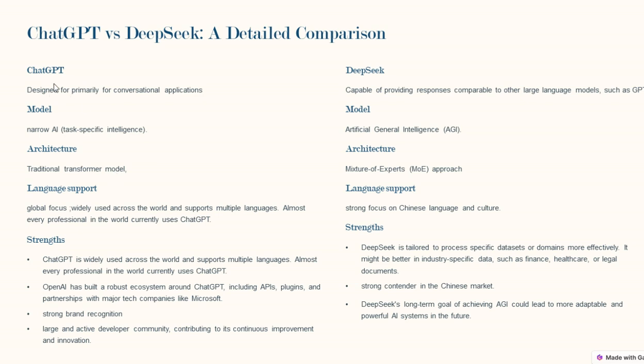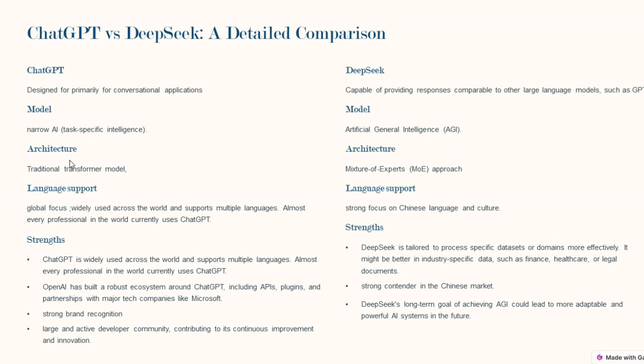Now, the other differences: ChatGPT is primarily designed for conversational applications, and therefore it's very widely used. As we already know, many of us are aware of ChatGPT, which is very conversational. But DeepSeek is mainly capable of providing responses compared to other language models like GPT. ChatGPT is based on narrow AI, task-specific intelligence, whereas DeepSeek is based on an AGI model, that is, artificial general intelligence.